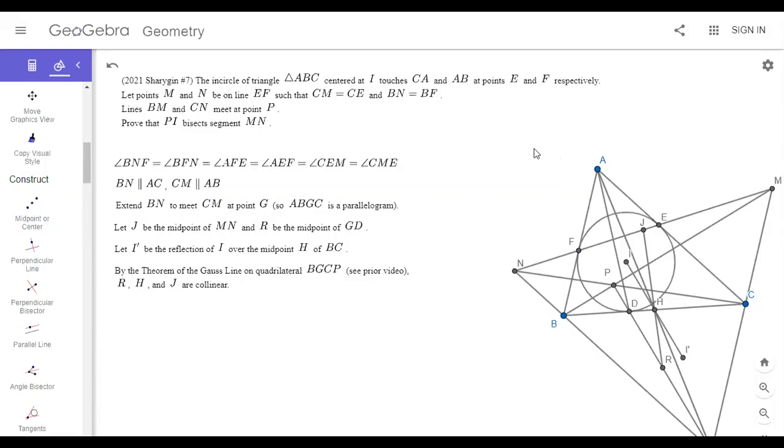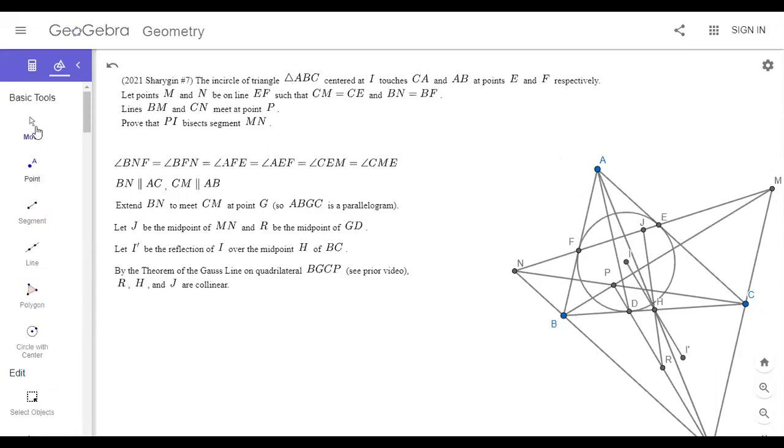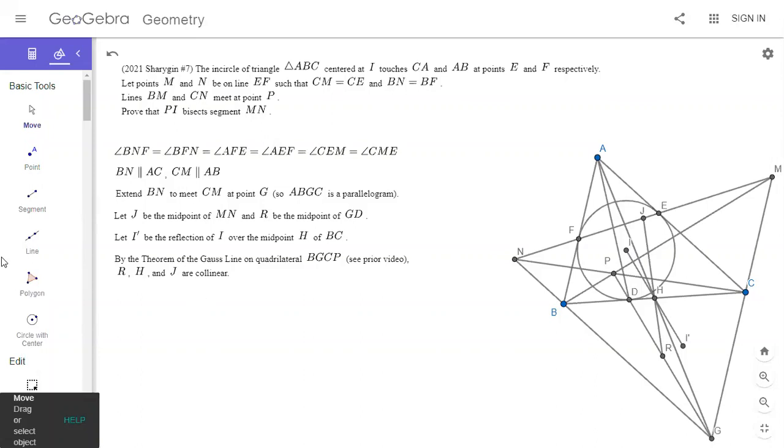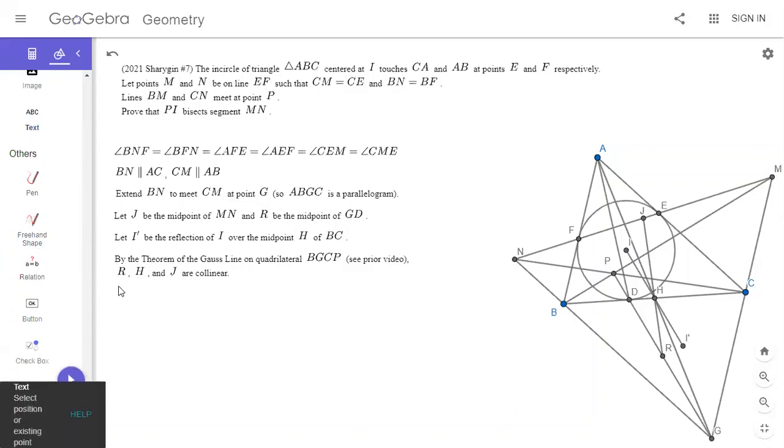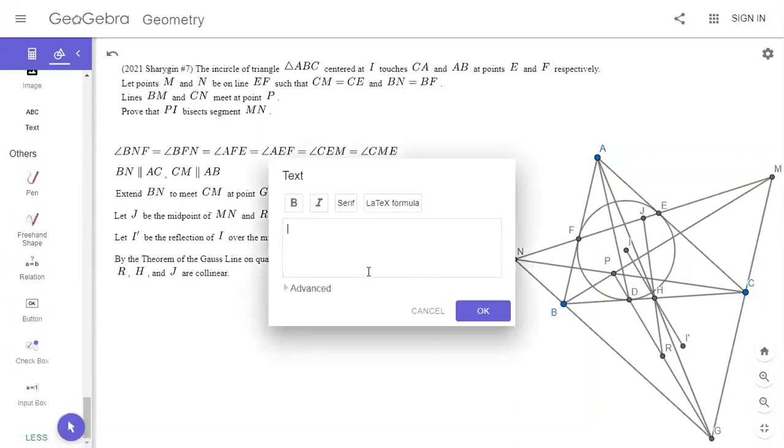Okay. Yeah, because the IM lemma. Okay, so first I'm just going to write out a few more steps. So angle BNF is equal to angle CME, implies GNM is isosceles.